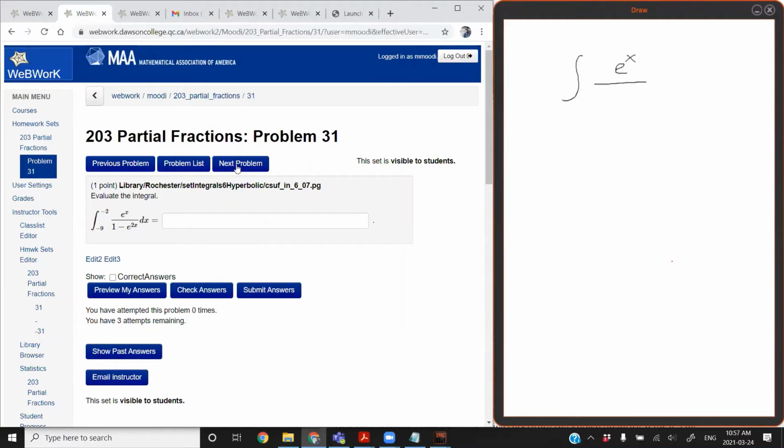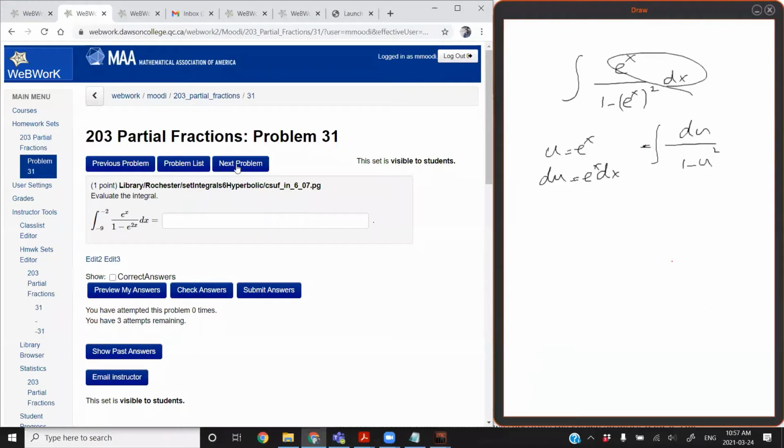So what you do is you can write this as e to x to the power of 2 dx. You're good? Okay. And then you take u to be e to x, and then du is going to be e to x dx. So this becomes du, and at the bottom you have 1 minus u squared.